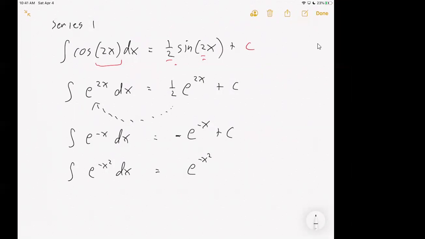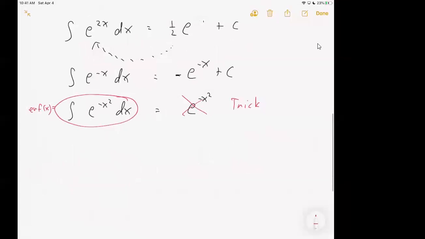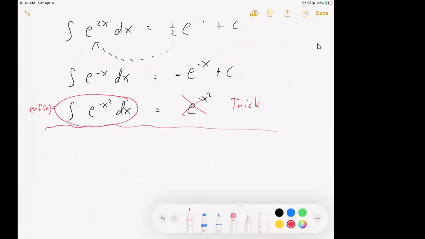But this was a trick. There is no method of integration that will simplify that. So that actually becomes its own integral function, the ERF function. This is ERF of x. You can't reduce it down any further.